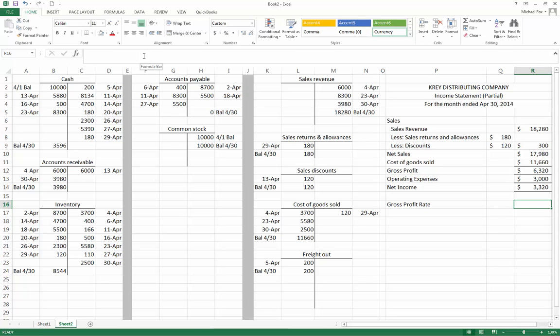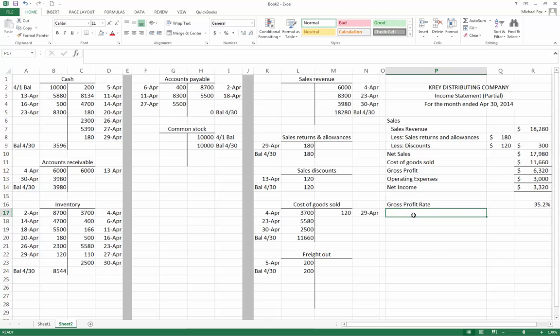And to find that, we take our gross profit and divide that by our net sales. And then instead of expressing it as dollars, we express it as a percentage. Let's get one decimal place in there.